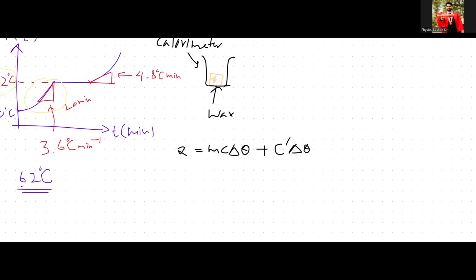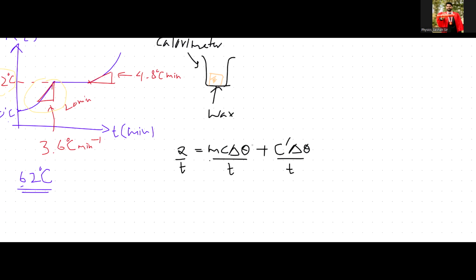So what I have to do is divide the whole equation by t. I divide the left side by t and the right side also by t. Now here we have delta theta over t, and here also we have delta theta over t, so I take it out.